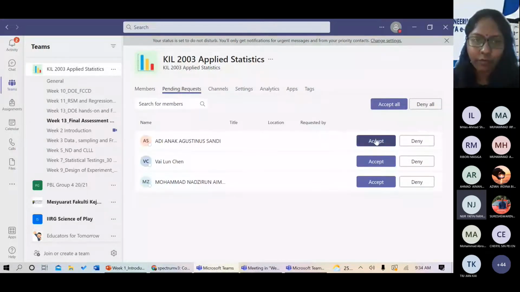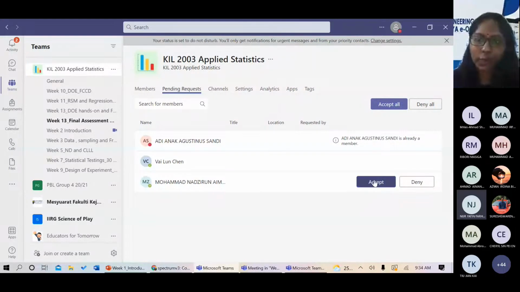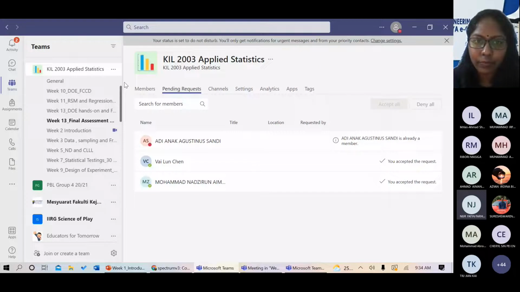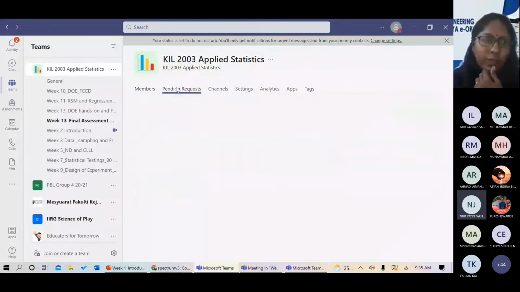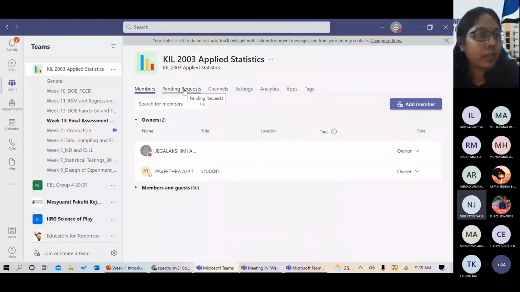Every few slides I will go back to have a look just in case. I've accepted some, and I've already got 60 by now, so it should be everyone in. But if there are still some of you pending, please interrupt me.